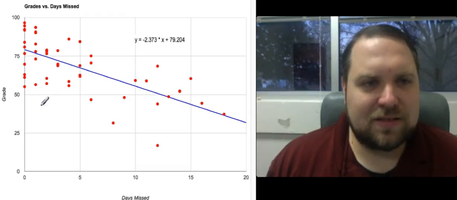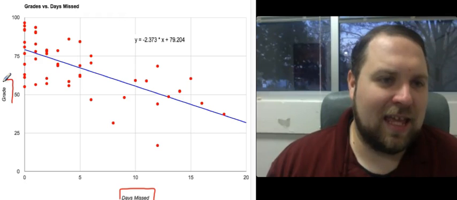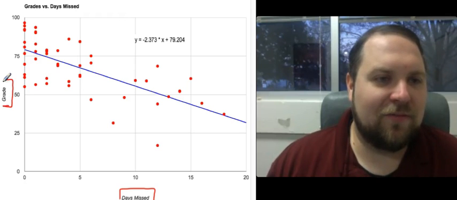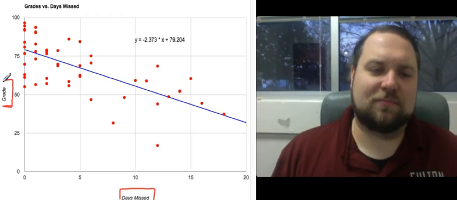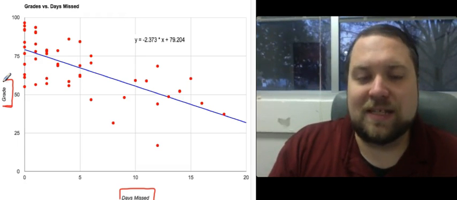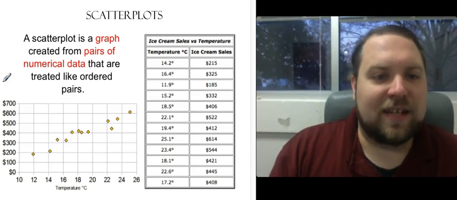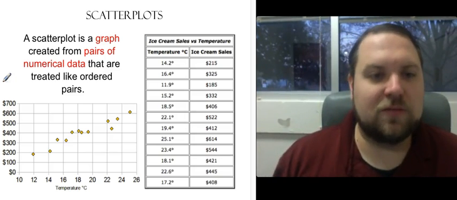And so that's sort of a relationship that we can see between the number of days missed and your grade. And in fact, the fact that there's a relationship between these two turns out to be exactly what we're looking for in this lesson.